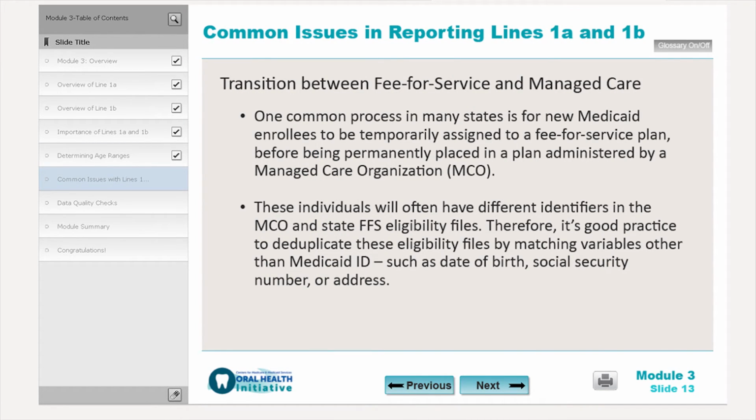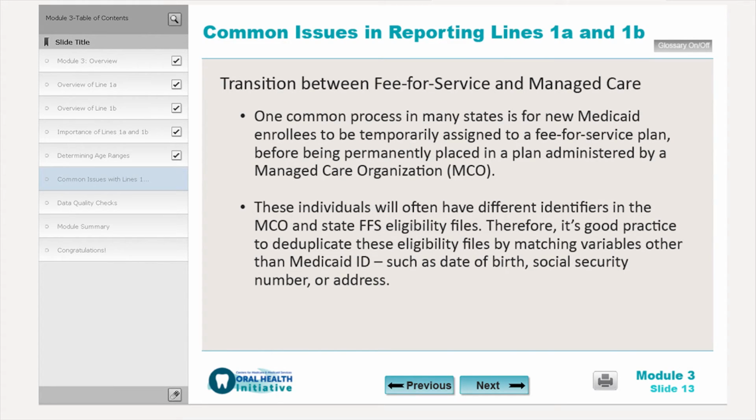Next, we're going to spend a few minutes discussing some common issues that arise when reporting lines 1A and 1B. One common issue is when a beneficiary transitions between fee-for-service and managed care. One common process in many states is for new Medicaid enrollees to be temporarily assigned to a fee-for-service or FFS plan before being permanently placed in a plan administered by a managed care organization or MCO.